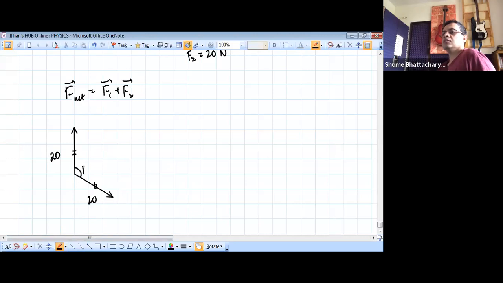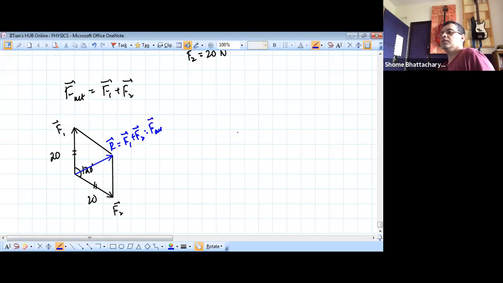And this angle is 120 degrees. So when you complete this parallelogram, it's actually a rhombus. So the vector sum will be the resultant of F1 plus F2, or what we call the net force here.